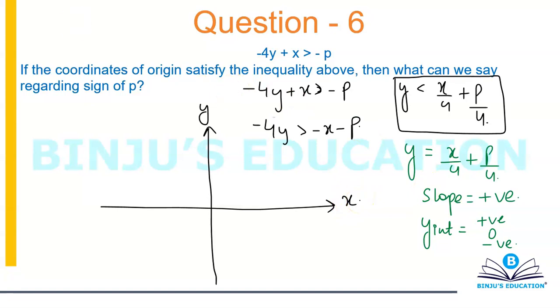So positive slope, I'm going to take case number 1, that is positive slope and positive intercept. So positive slope and positive intercept would be a line something like this. Second case is positive slope and 0 intercept.